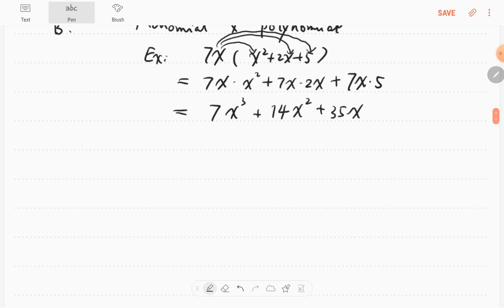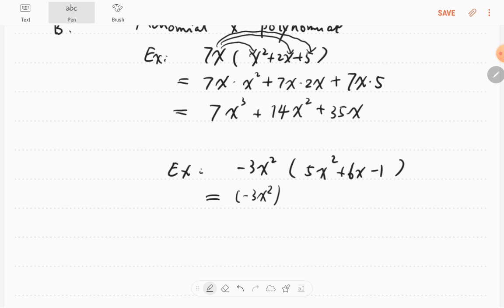Okay, let's check another example. So we will still start with the distributive property. So this negative 3x squared needs to apply to each of the terms, right?